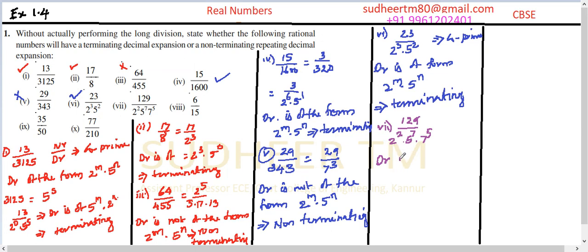So the denominator is not of the form 2 raised to m into 5 raised to n, which gives non-terminating.